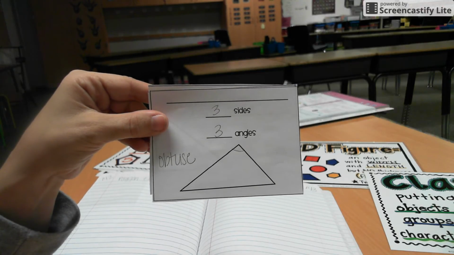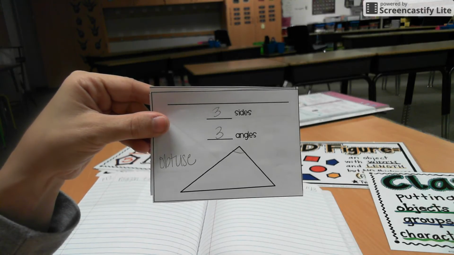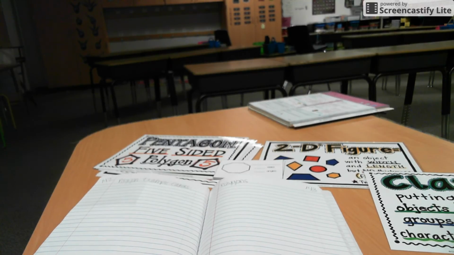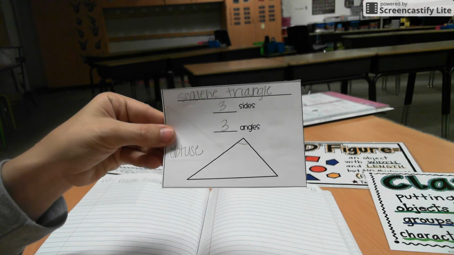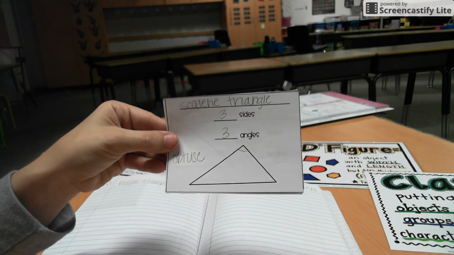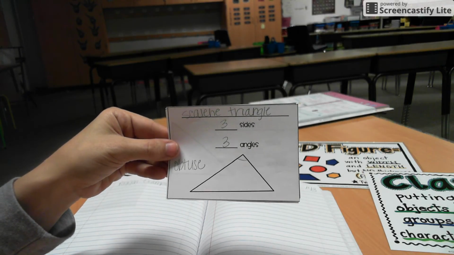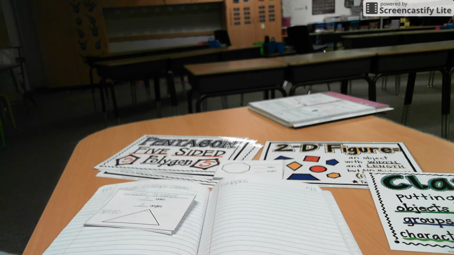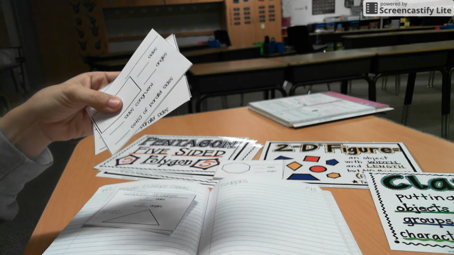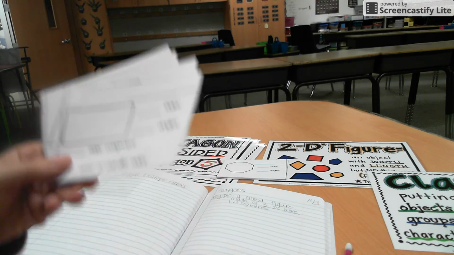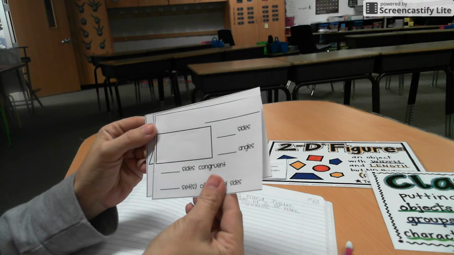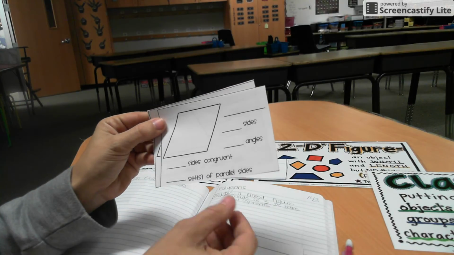No, they're all different lengths. So when they don't share any equal sides, because they're selfish, we call it scalene. Remember, scalene is that selfish triangle because it doesn't share. So make sure you have those written down. We're going to put them in the pile and then get your ones that were quadrilaterals. Get your quadrilateral stack.